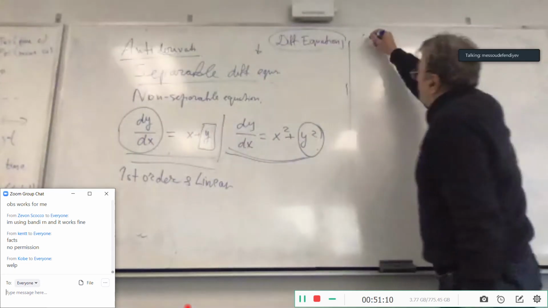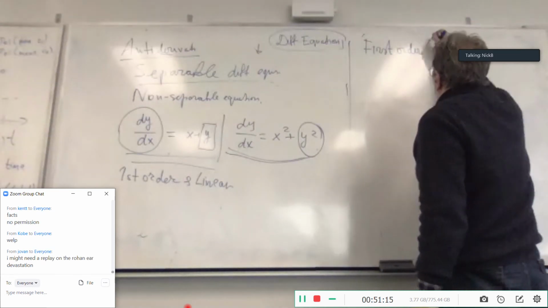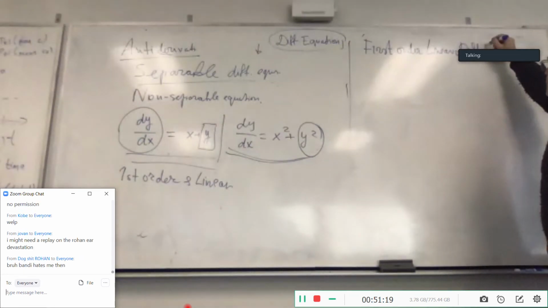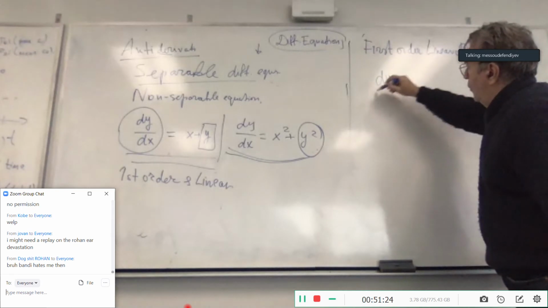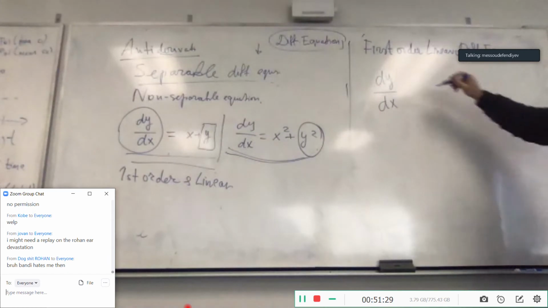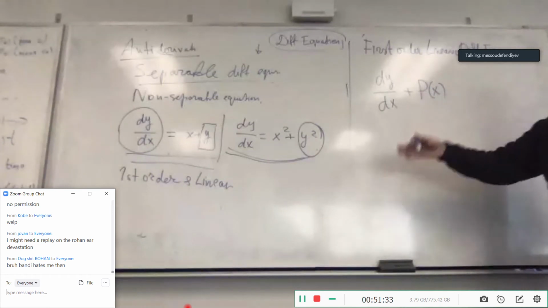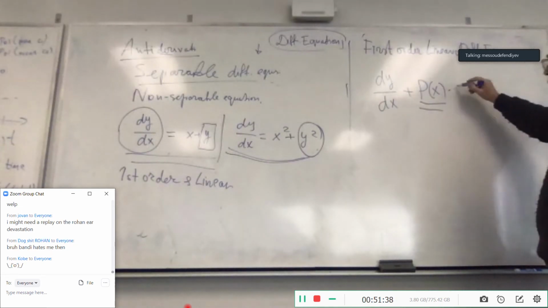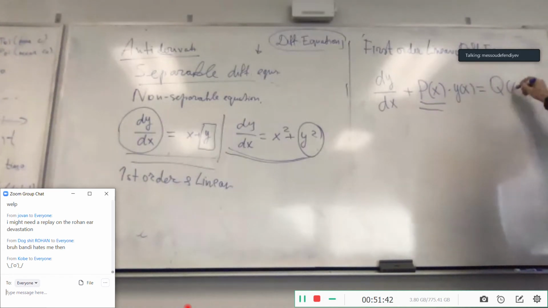Then the general form of a first order linear differential equation is written as dy/dx plus p of x, which could be any polynomial if you want, times y of x equals q of x.